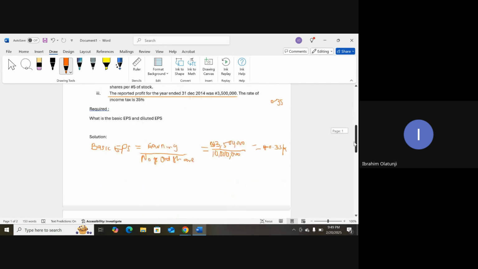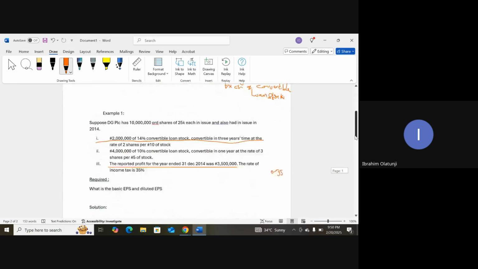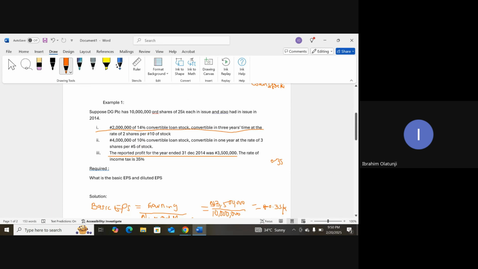So we have to know the number of shares that 2 million naira can give. So 2 million naira divided by 10 naira.